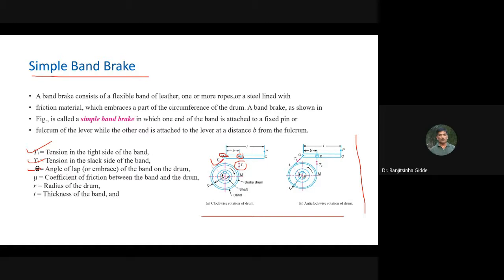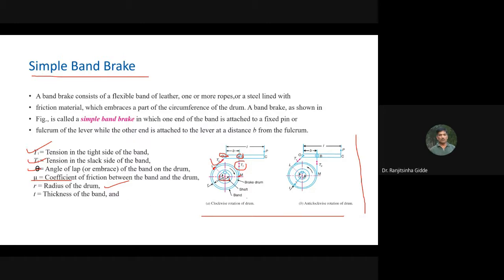From this point to this point, this angle is called theta, or the angle of embrace of the band on the drum. Mu is the coefficient of friction between the band and the drum, R is the radius of the drum, and t is the thickness of the band.